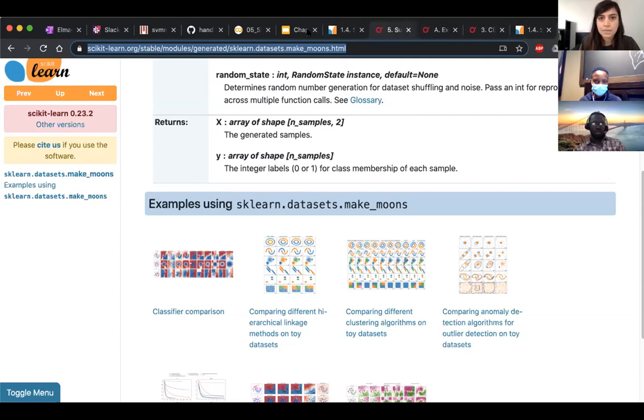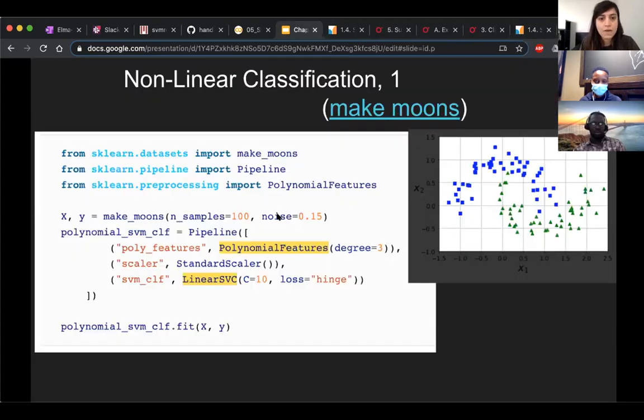So here, first we're importing that data set, and then we're importing the pipeline, as Julie said, and then also from the preprocessing, we are importing the polynomial features. This is the same thing that we imported to be used for polynomial feature extraction for regression problems.